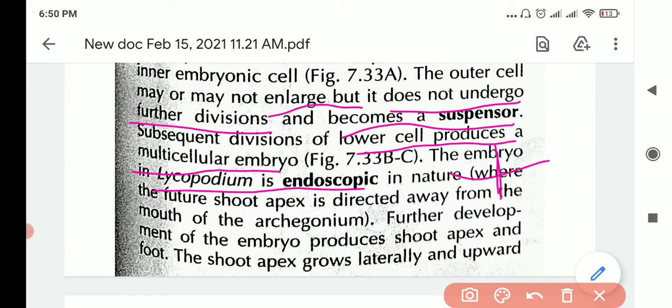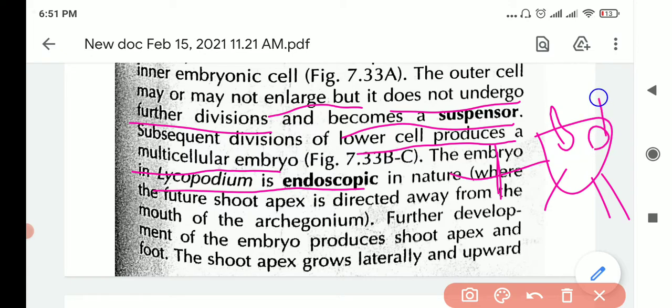Endoscopic means it is in depth, because remember this was the gametophyte. Then these are the archegonia, this is the antheridium. This one went there, then the embryo is down here, so it's inside.